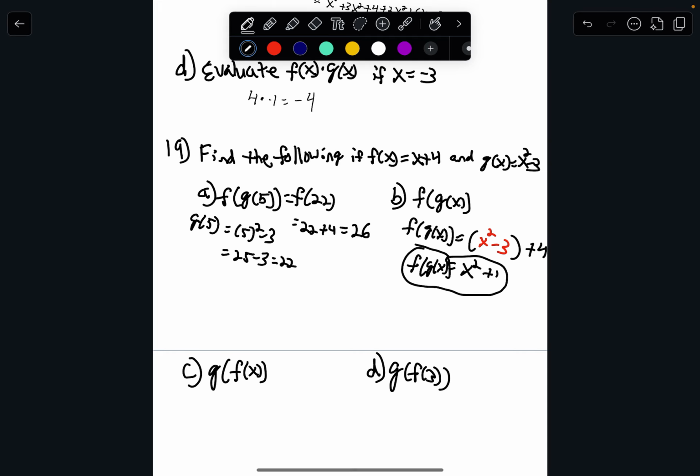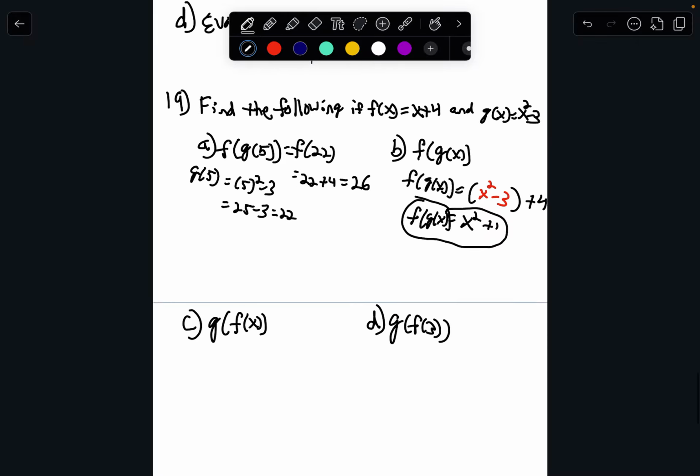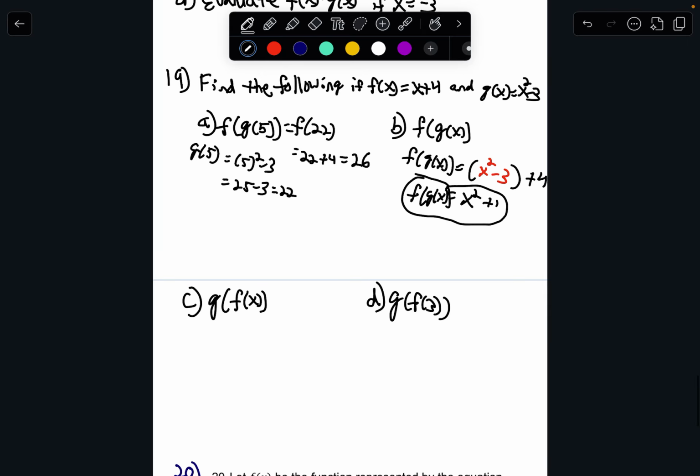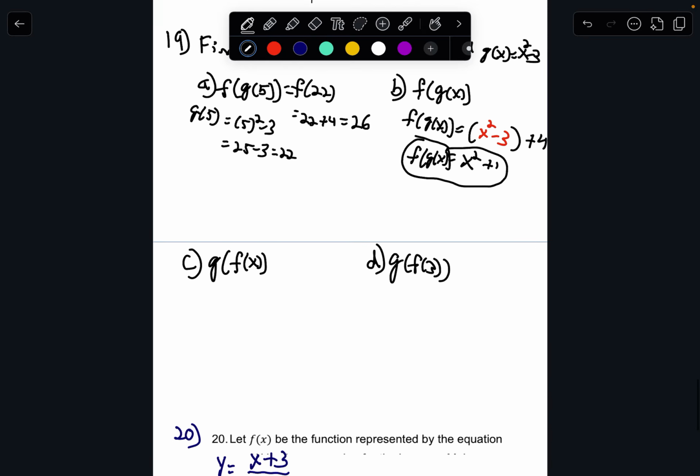All right, then they want you to reverse it. So now it's g of f of x. All right, so g is x squared minus 3.